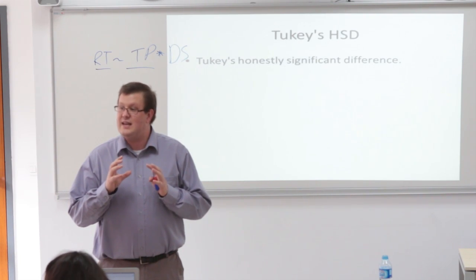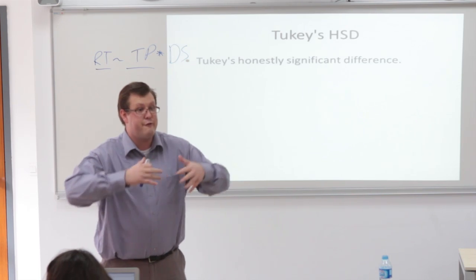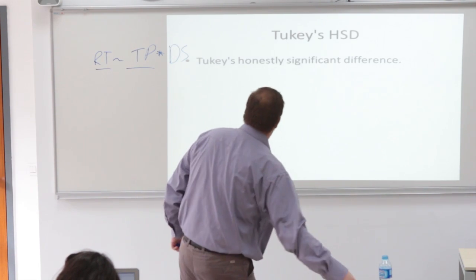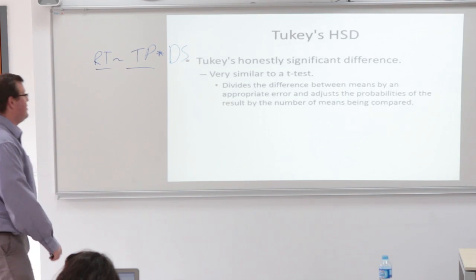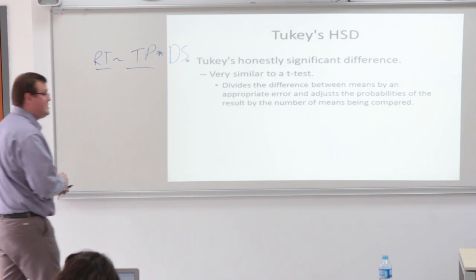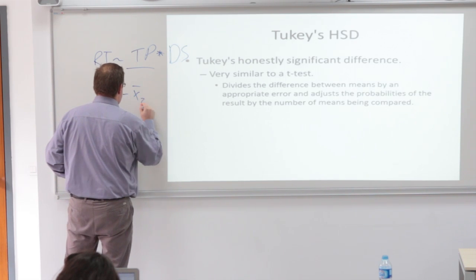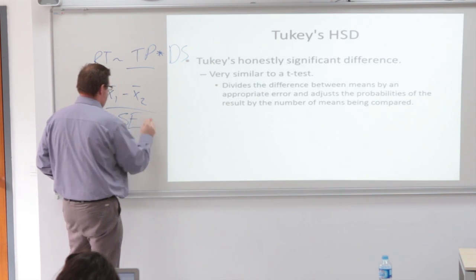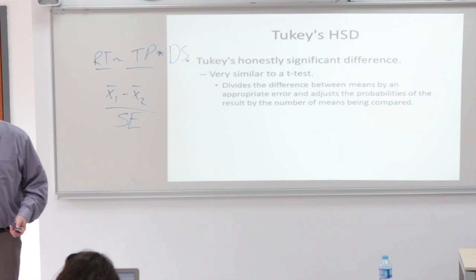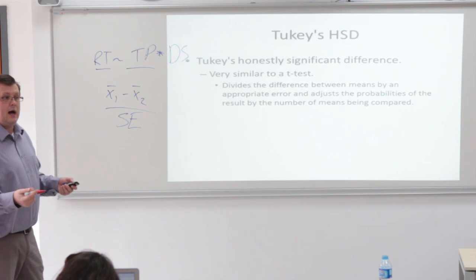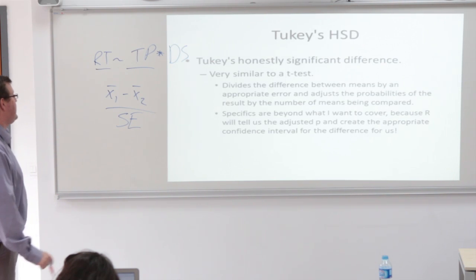Basically what it does is it adjusts for this inflation that doing multiple t-tests causes. It's basically like a t-test. With the t-test, we took differences between means, so x1 minus x2, and we divided it by some standard error. We're doing exactly the same thing here, and we're adjusting the probabilities for the number of comparisons that we're making.